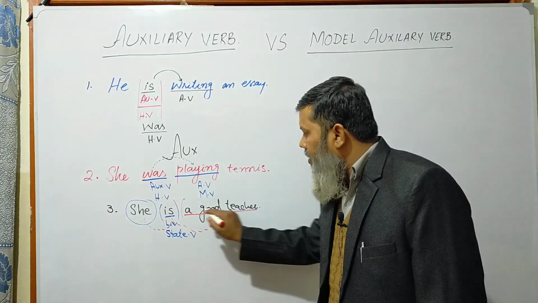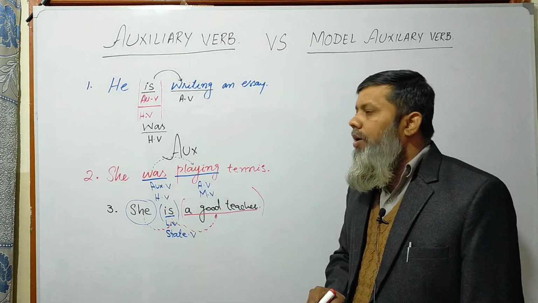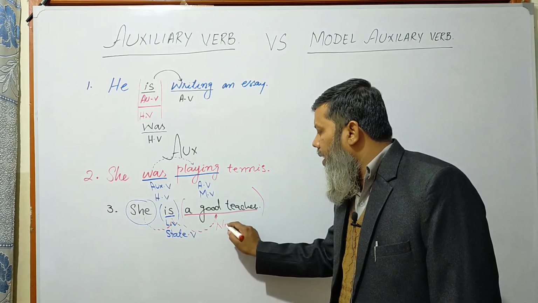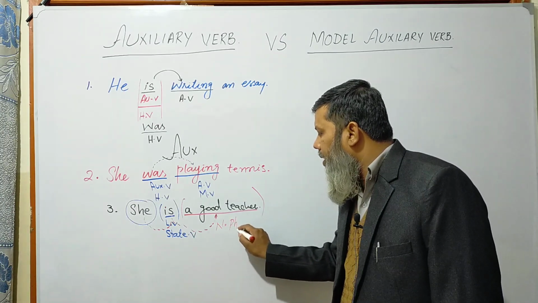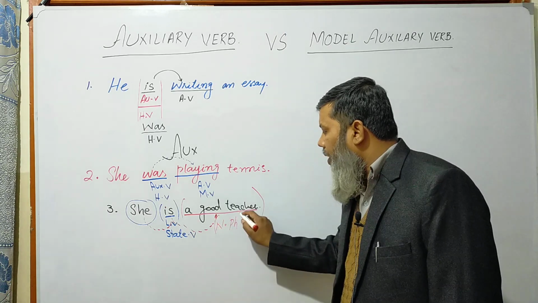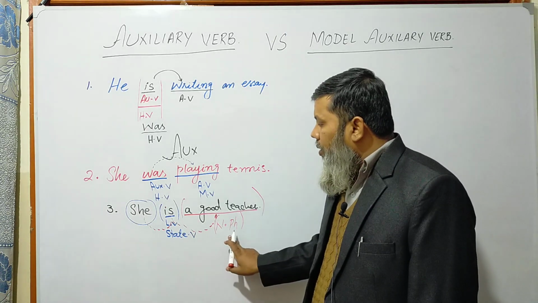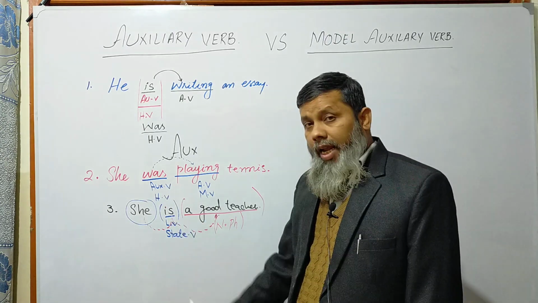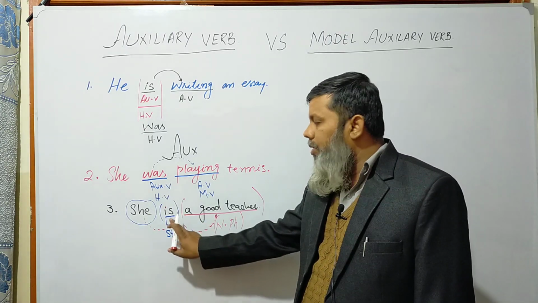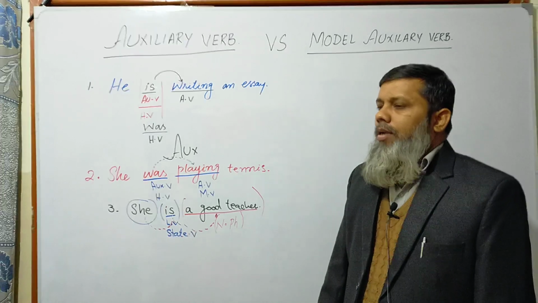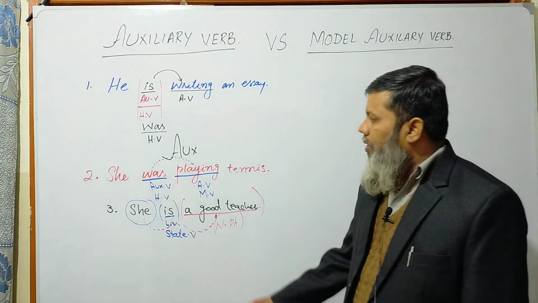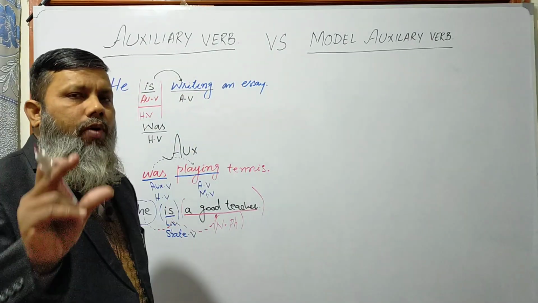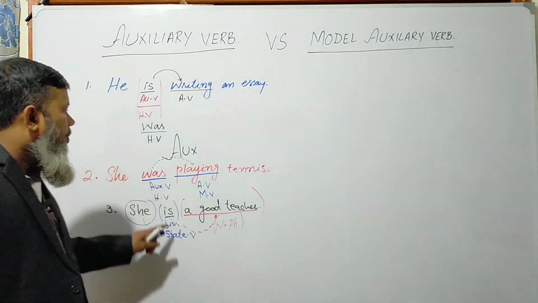This phrase, a good teacher, is a noun phrase. I have already explained in my previous lecture that a noun phrase is also used as a complement, but with a linking verb. So "is" is used here as a linking verb. I think you have understood the difference.